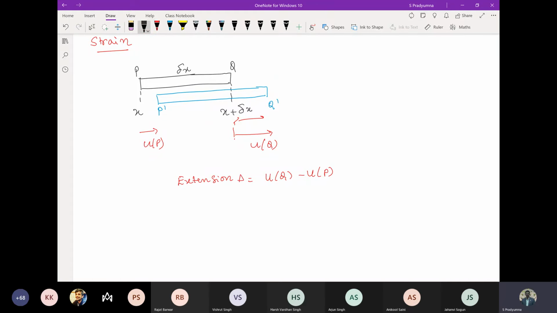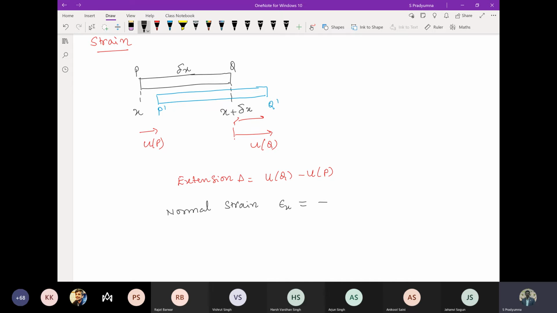Extension delta. So now I want to know what is the normal strain. Normal strain is called epsilon x or epsilon xx, that is along the x direction. How do I define the normal strain?